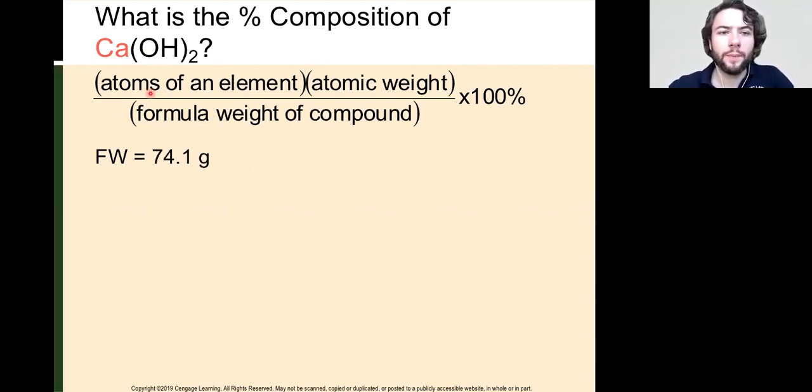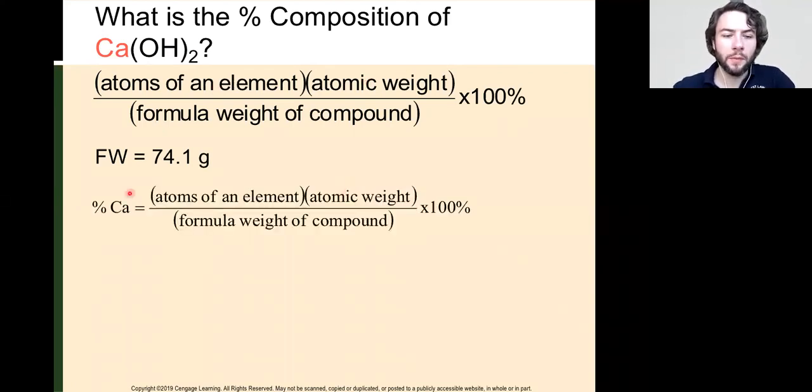So the atomic weight of calcium is 40. Here we use the same equation that we had last time, percentage composition. Atoms of an element for calcium is going to be 1. Atomic weight then is going to be 40 or thereabouts. I don't remember any decimal places yet.